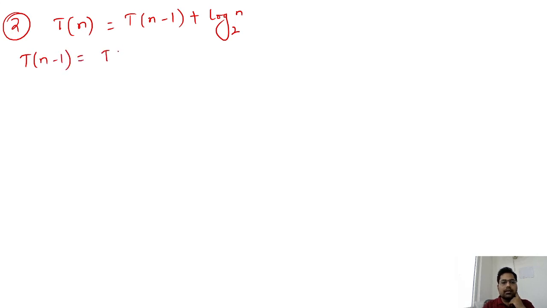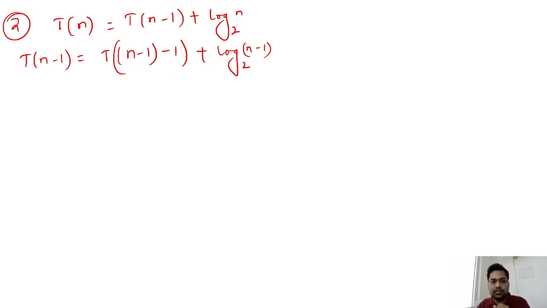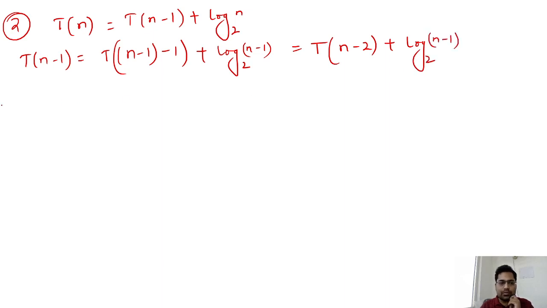We are writing n minus 1 in place of n: T(n minus 2) plus log (n minus 1) base 2.